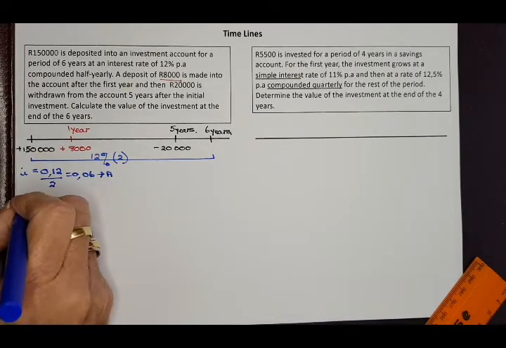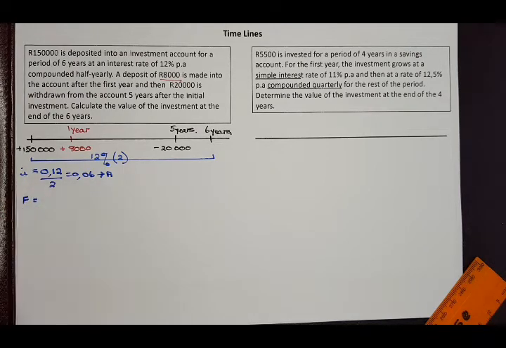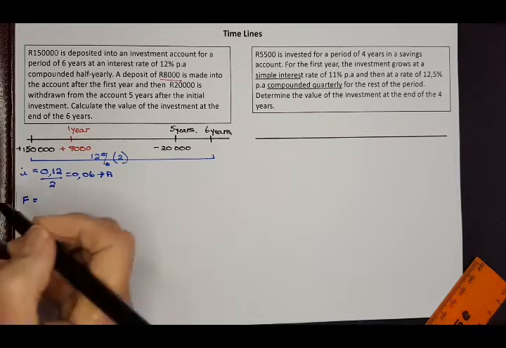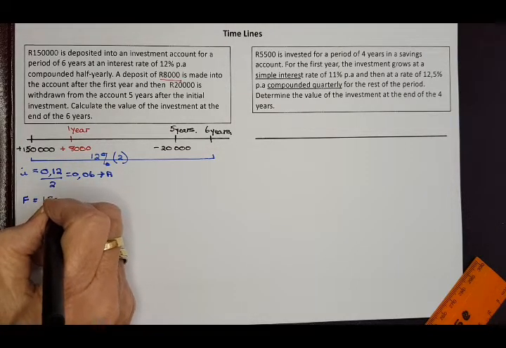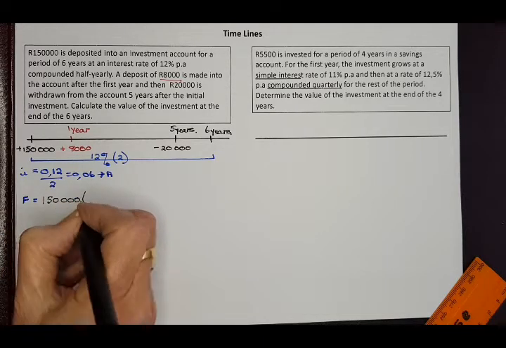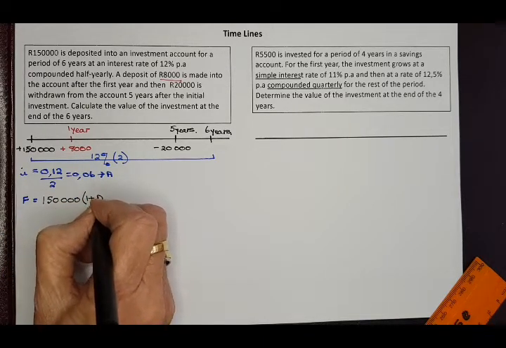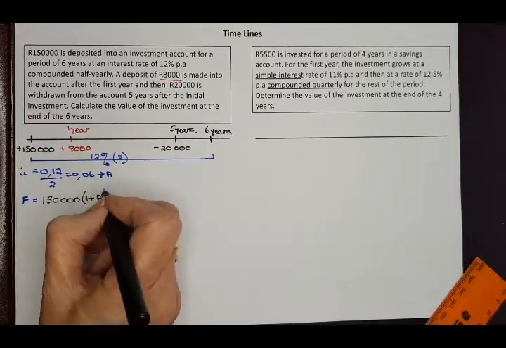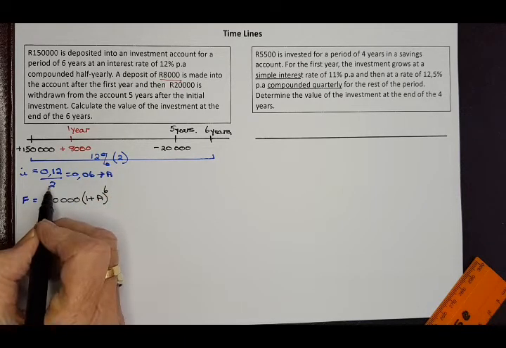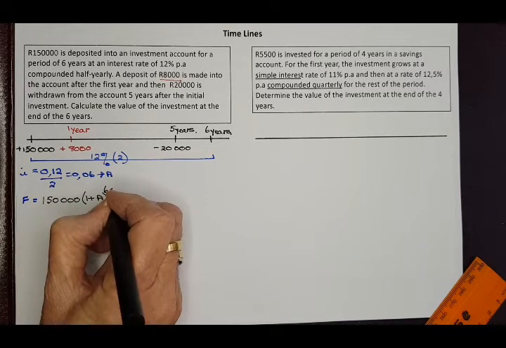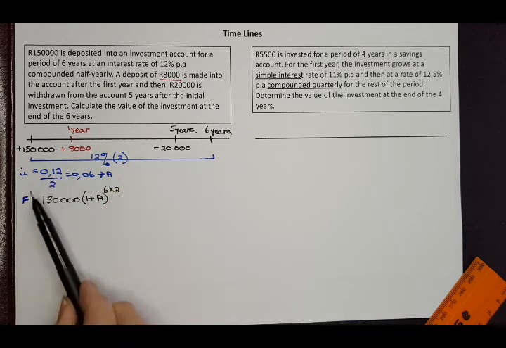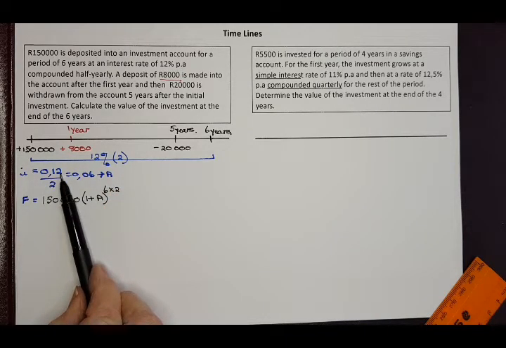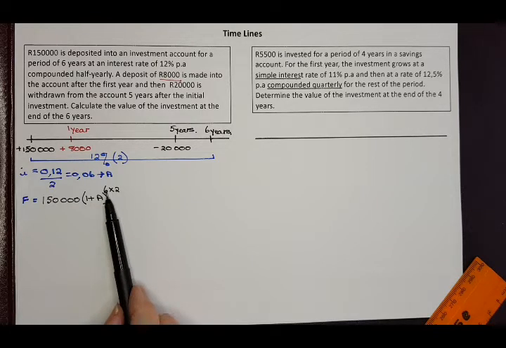So my future value is going to be equal to, starting off with that initial deposit of 150,000, 1 plus my interest rate, and that particular deposit is there for a period of 6 years, and I am compounding that twice a year. So I'm using an interest rate of 0.12 over 2, and I must therefore multiply my compounding periods by 2.